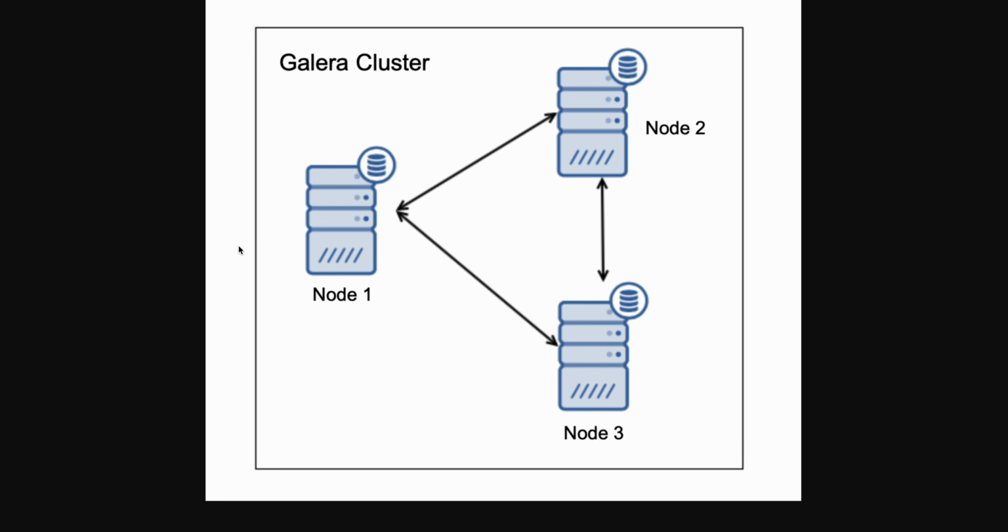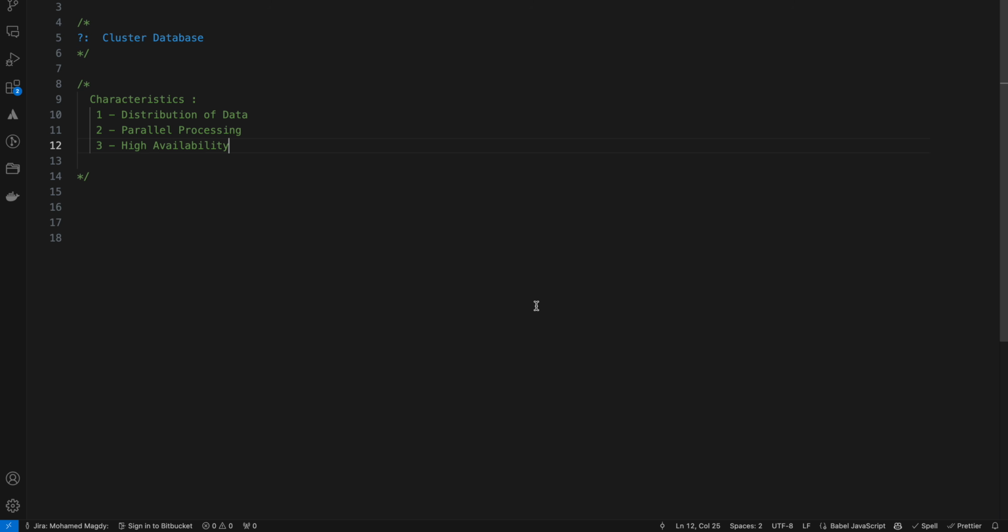This high availability is essential for mission critical applications that require uninterrupted access to the data. So if node 1 is down, node 2 and node 3 can still serve, and when node 3 is down, we have node 2, etc. So we are available all the time.